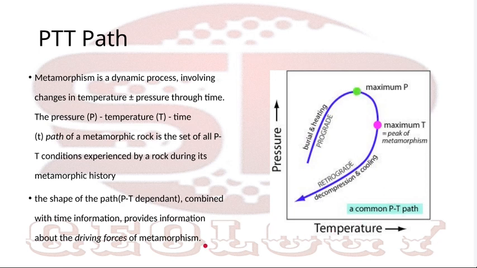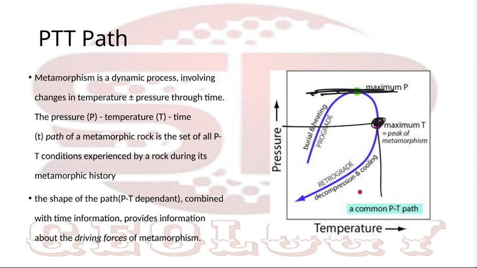High pressure metamorphism is here, but this is the peak of metamorphism. So this is a PTT path. Everyone getting an idea of what a PTT path represents?